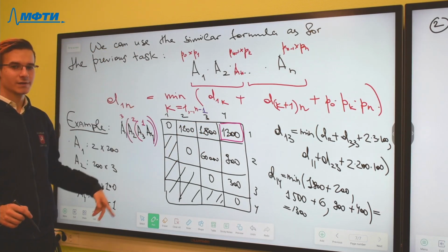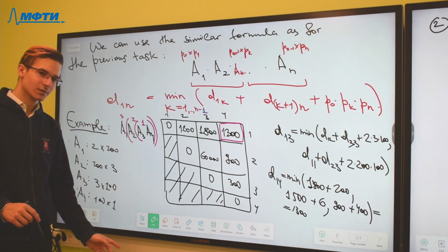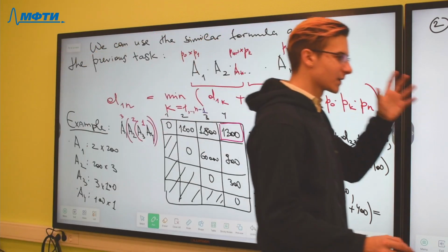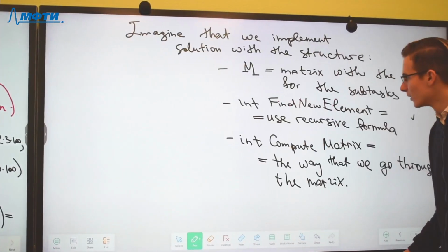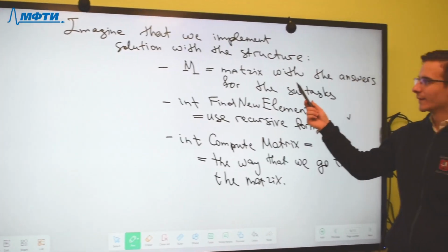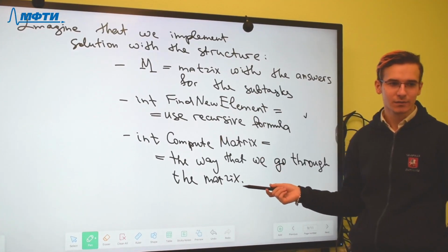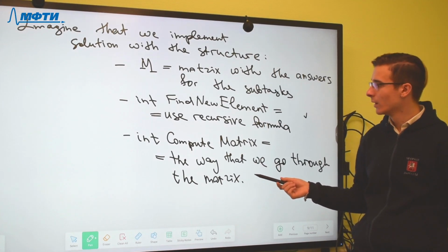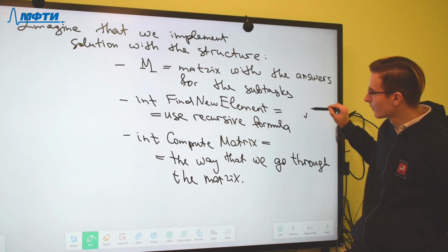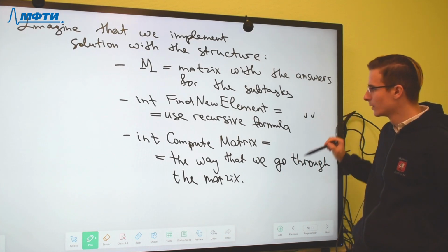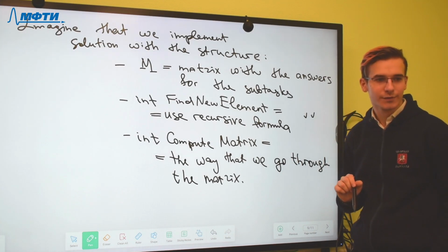So for this task, for the previous task, if we see as programmers here, we can see that there are 3 main parts in it, and the only part that we change is the recursive formula.